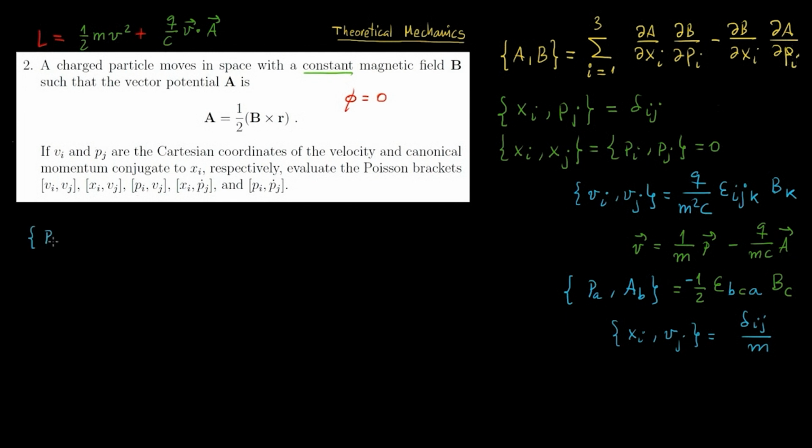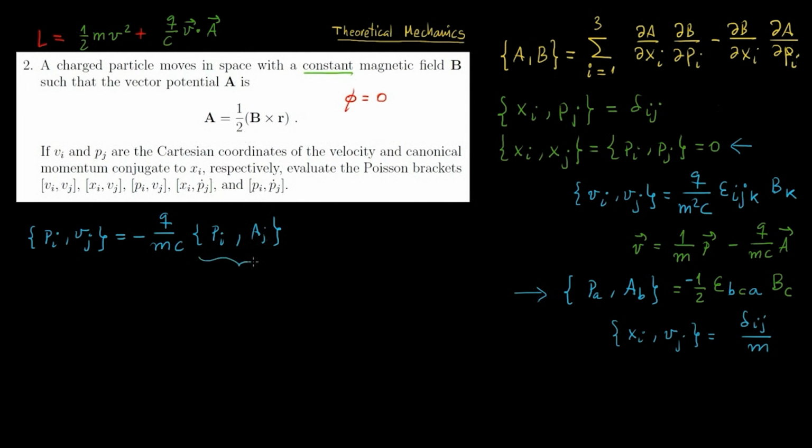Let's compute now {p_i, v_j}. Okay, p_i. Let's see, v_j is 1 over m p_j minus q over mc A_j. This with this is 0 because of that. So the only term that survives is this. Let's put this minus here, and also the constant q over mc. But this is the same thing that I calculated a few moments ago. This.